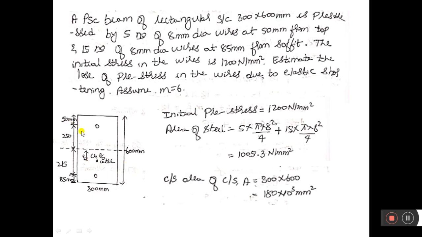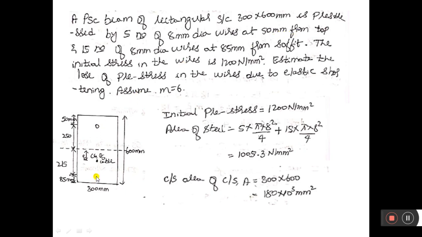So a rectangular beam, width is 300, depth is 600, so the central axis lies at a distance of 300 from top and 300 from bottom, that is y1 is equal to y2 is equal to 300. This is the top cable, which is located at a distance of 50 from the top.